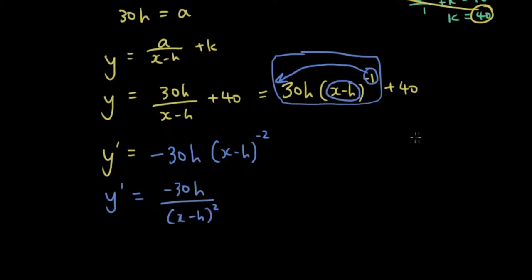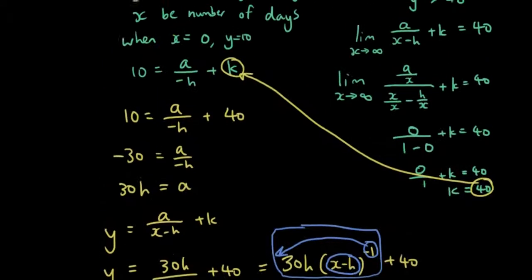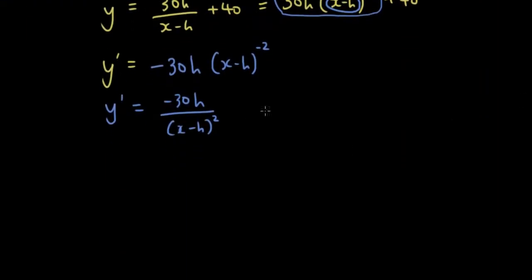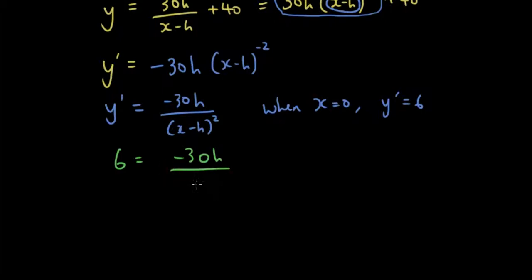squared. Now the question says when x is 0, because at birth the number of days is 0, when x is 0, y dash is 6. So if I substitute that in here, 6 equals negative 30h over negative h squared.